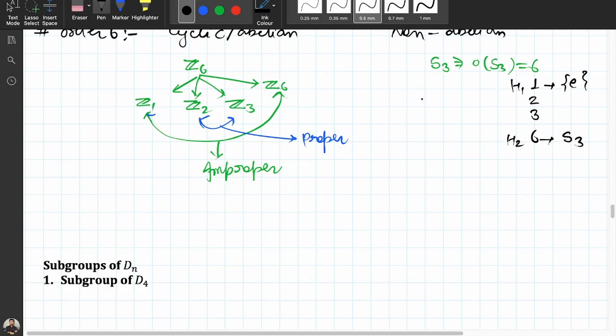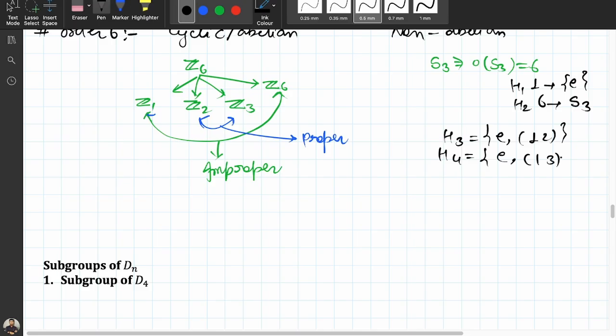Now what about the proper ones? H3 is identity and (1 2). H4 is identity and (1 3). H5 is identity and (2 3). These are order 2 subgroups.